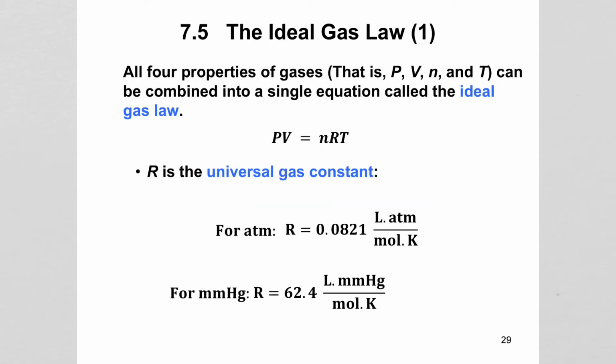Combining all of the gas laws that we saw, we end up with a very powerful, very versatile equation known as the ideal gas law. This one relates, as you can see, the pressure, the volume, the amount or number of moles, and the temperature. And there is one constant that we have been seeing throughout the entire chapter.